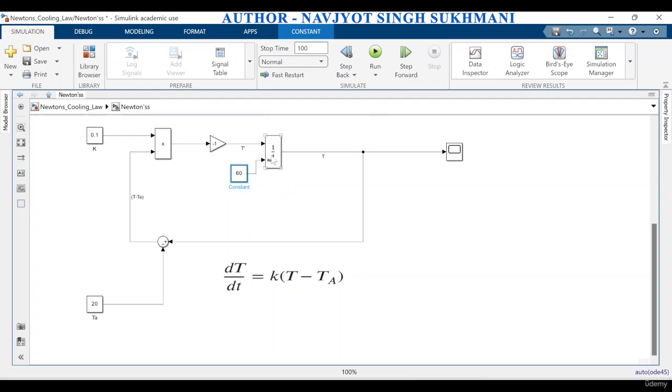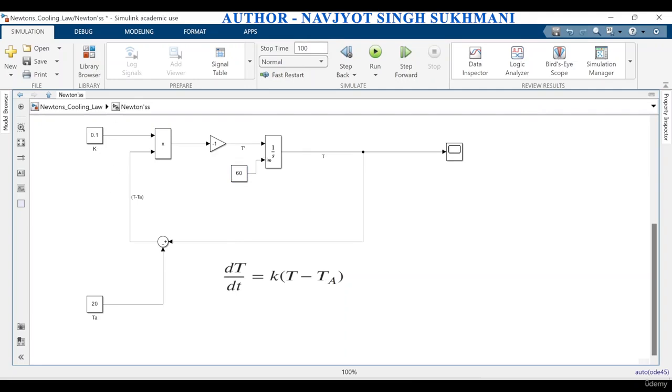This is my integrator, and I get the differentiation with this integrator. The output of the integrator becomes T. This is the constant which I have to provide with respect to time, the T dash which I have to integrate here.